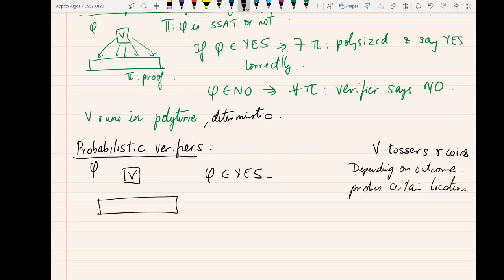And then depending on the result of that probe, that is, the verifier does not look at the entire proof, but checks some small number of locations in the proof, and just depending on this, the verifier can output a result. That is, the verifier's estimate that indeed the proof is correct and phi is satisfiable.